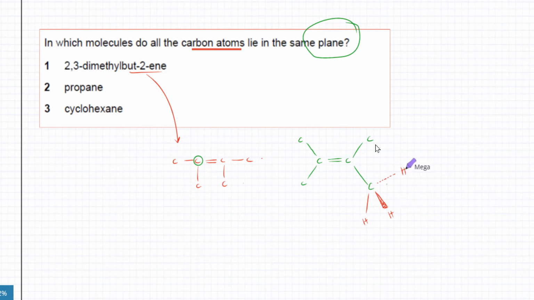That dotted one is going into the page. So beyond the carbon atoms, nothing is planar. The H atoms are definitely not planar. They are tetrahedral because there are 4 of them. So if I limit myself to the carbon atoms, then all the carbon atoms lie in the same plane.